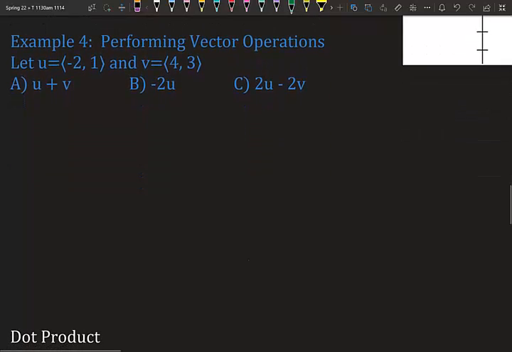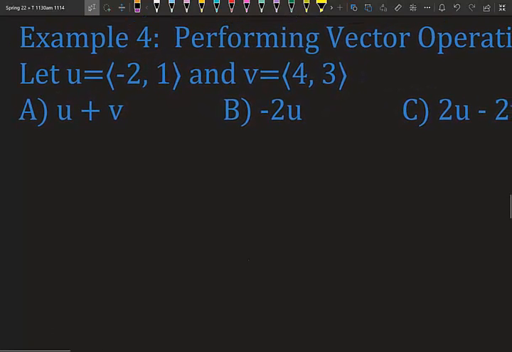So we're going to perform vector operations. We have U is -2, 1, V is 4, 3. Let's find U plus V. So U is represented by -2, 1. V is represented by 4, 3. So when we add them, it's always first goes with first.